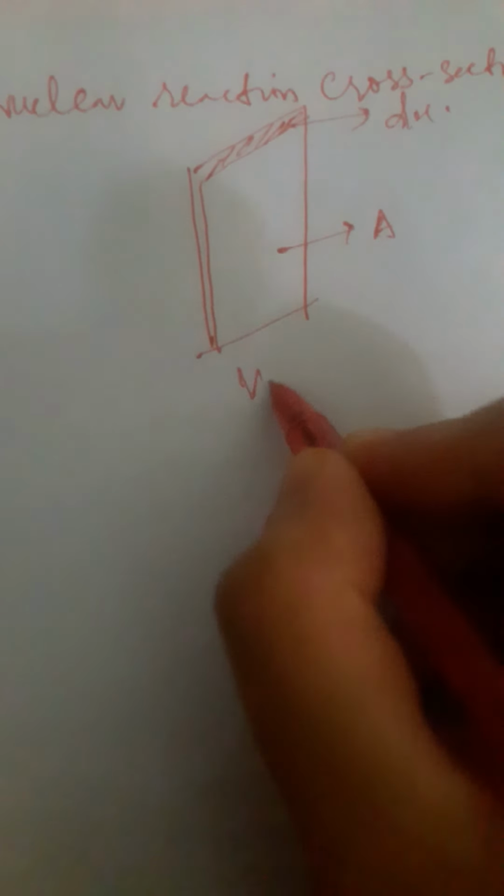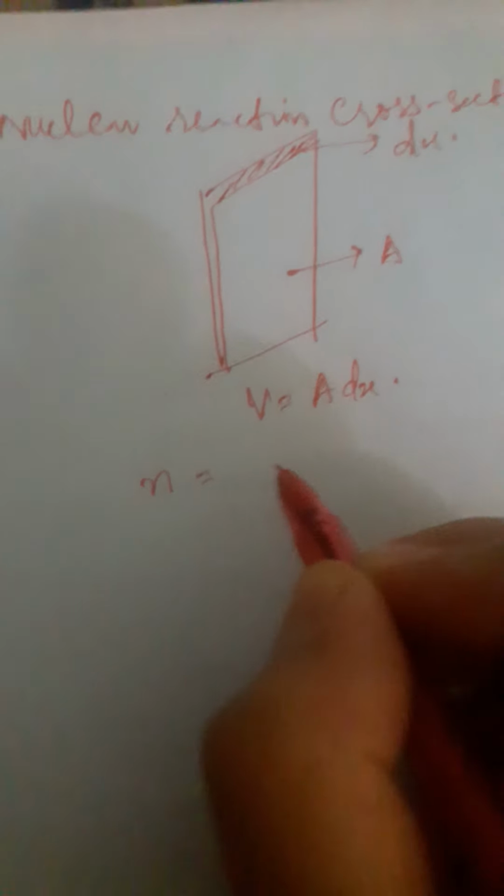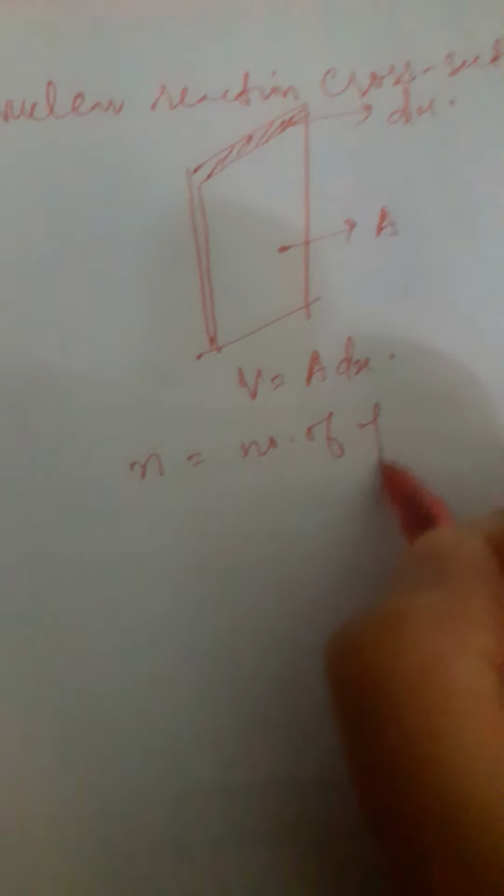Suppose you have a slab of a material whose area is A and whose thickness is dx. Then its volume is obviously A dx. Let n be the number of particles per unit volume in this slab.